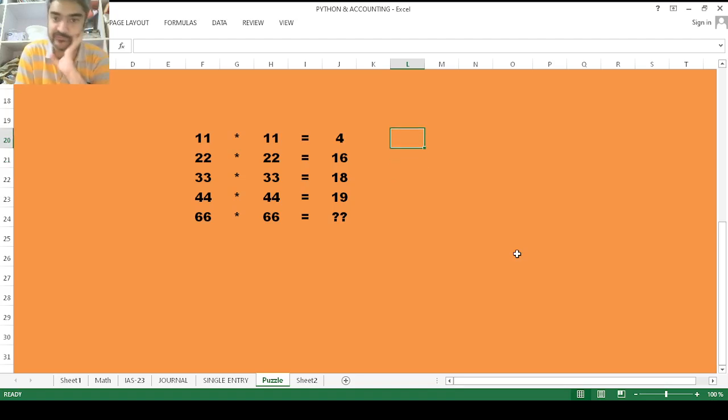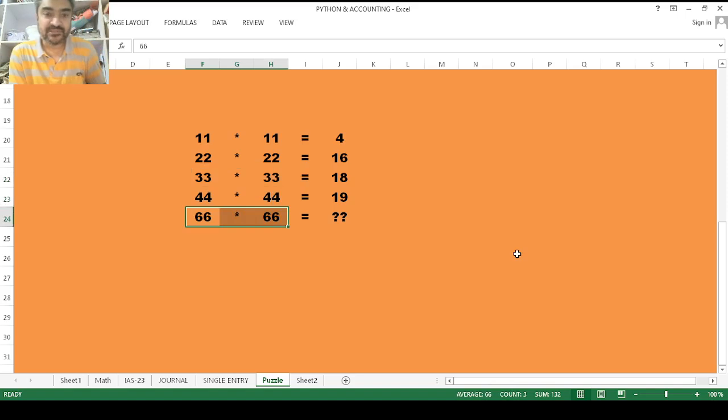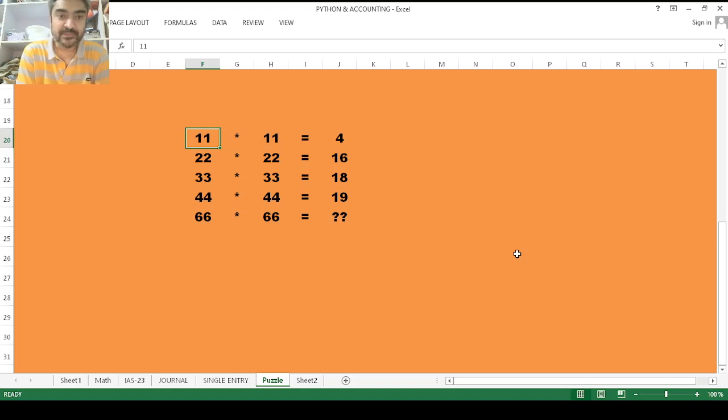The question is saying 11 multiplied by 11, 22 multiplied by 22, 33 multiplied by 33, 44 multiplied by 44, 66 multiplied by 66. So you can clearly say that there is a multiplication operation in this question. So let's first try to find out the pattern by using the multiplication.